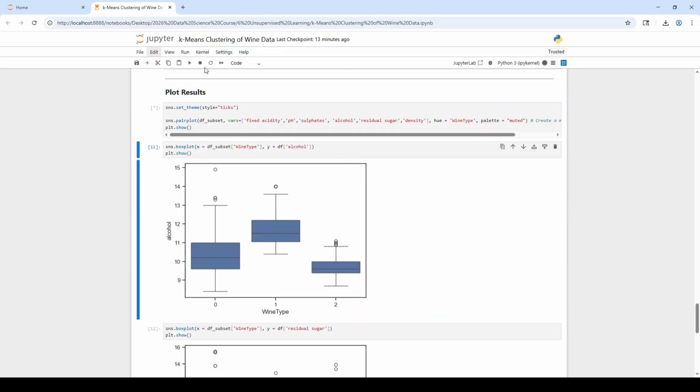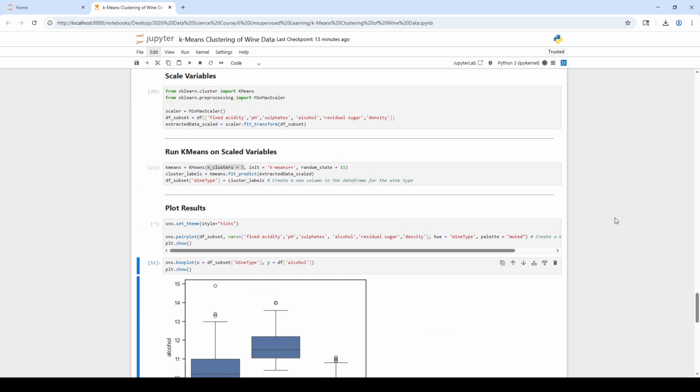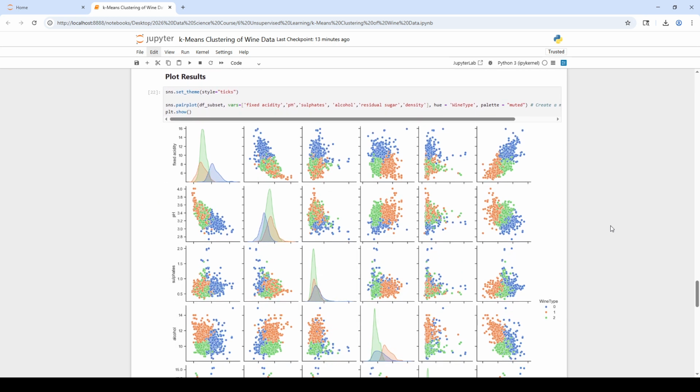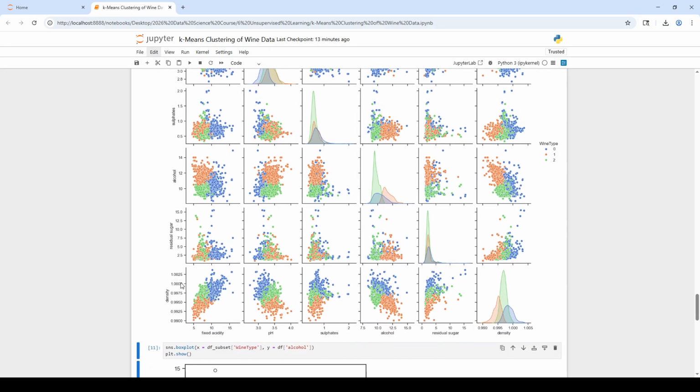Once that's done, we simply plot the entire data set, but this time around we color the data points based on which cluster they belong to, and that's happening behind the scenes as we speak. Once this is over, we will get our matrix scatter plot with acidity, pH values, sulfate content, alcohol content, residual sugar content, and density.